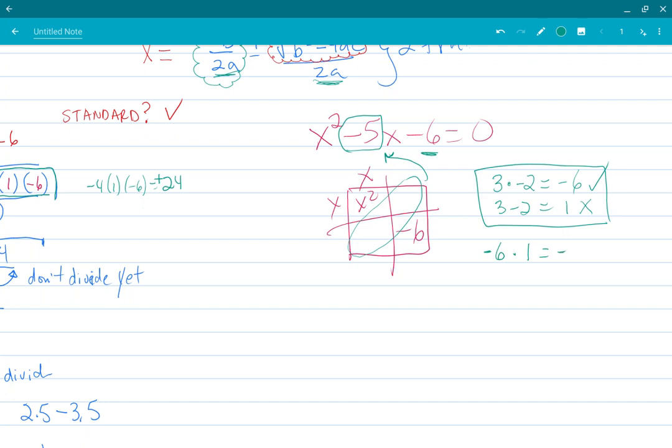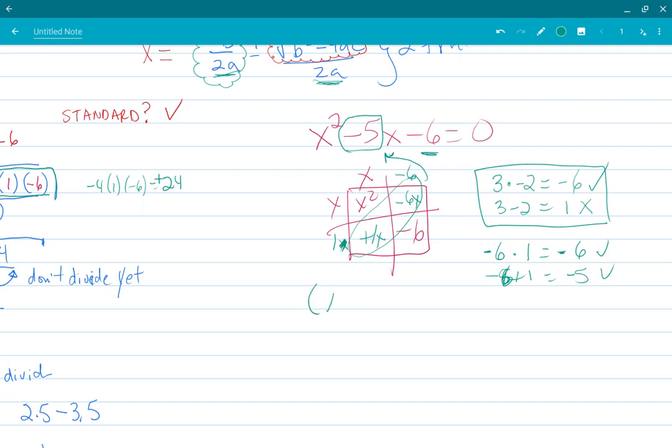So -6 times 1 is -6, and -6 plus 1 is -5. There, that works, right? So that's going to be -6 here, -6 here, and then +1 here, and 1 here. Whoops, that's not supposed to be an x there. It's just supposed to be 1.